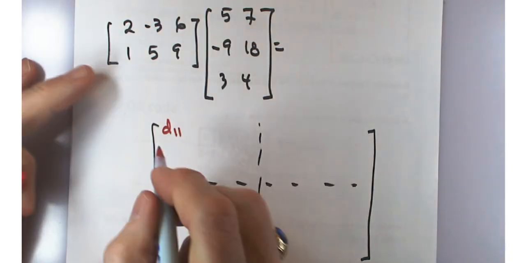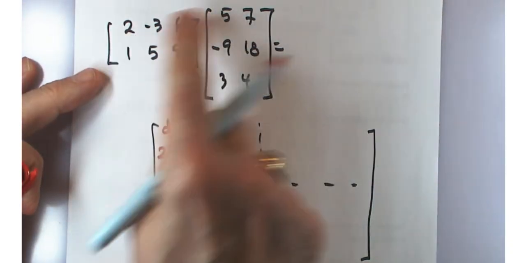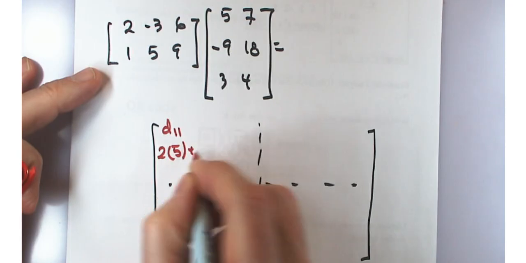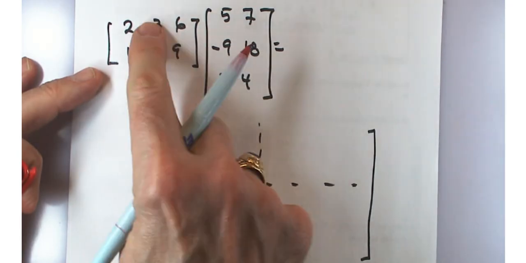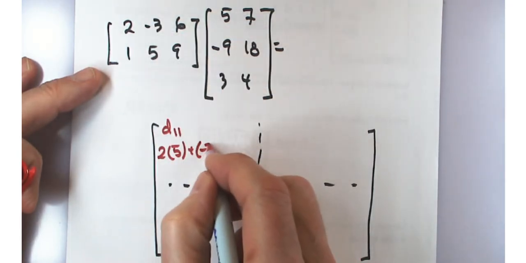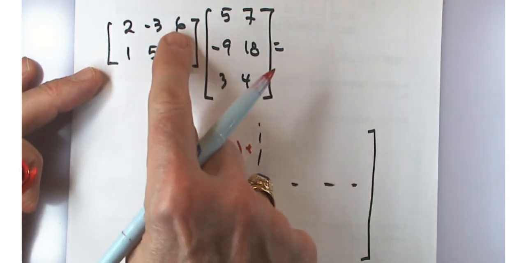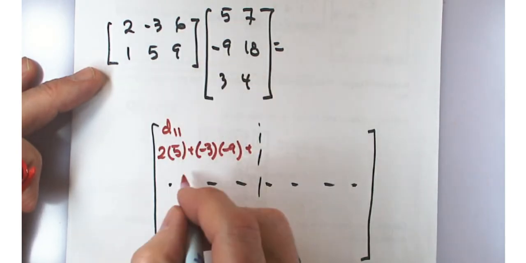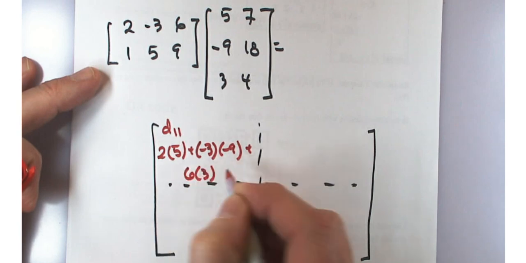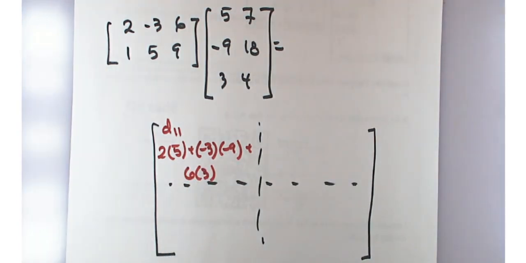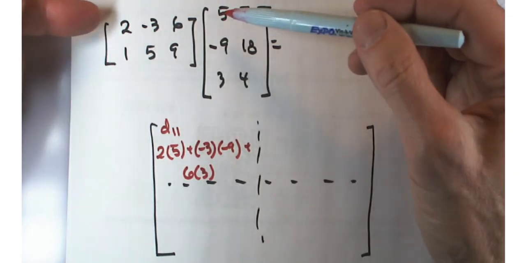So it's going to be 2 times 5 plus negative 3 times negative 9 plus 6 times 3. Nice, so there's your D11. You're going to take first row times the first column.